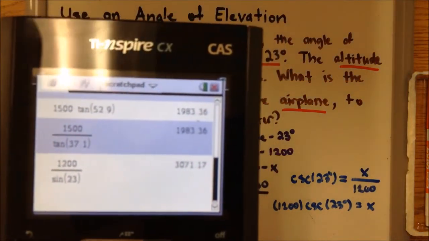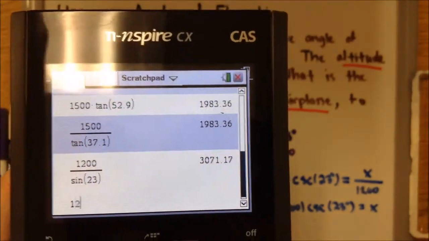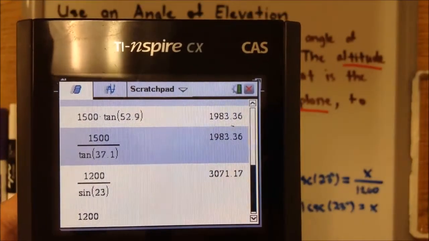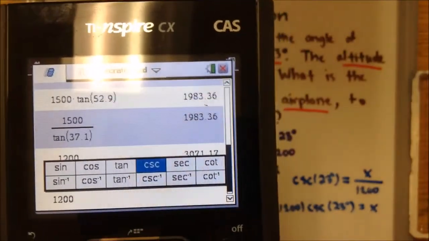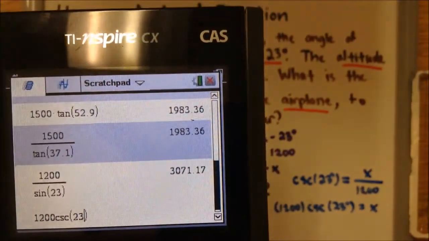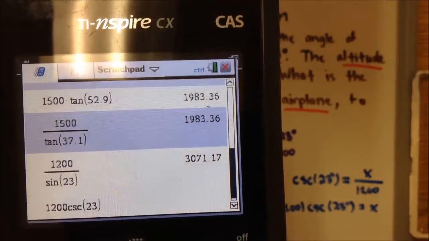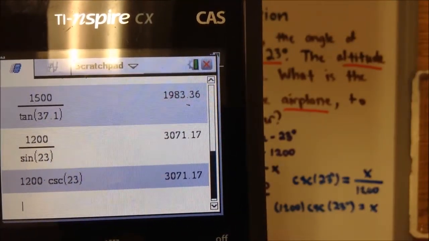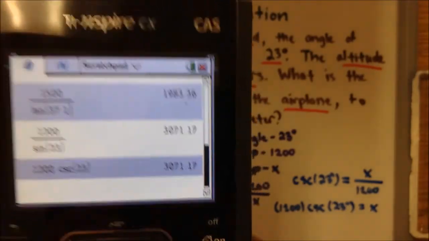I'm going to type in 1200 times cosecant, so I hit trig, go all the way to cosecant, and type in 23 degrees, exit out of the parenthesis, and hit control enter. 3071.17. Since it asks for the tenth of a meter, I'm going to round to one decimal place.